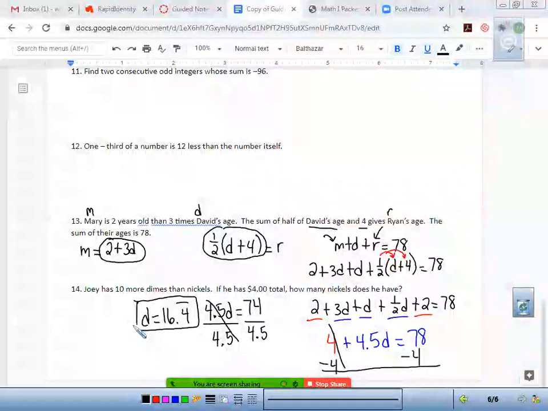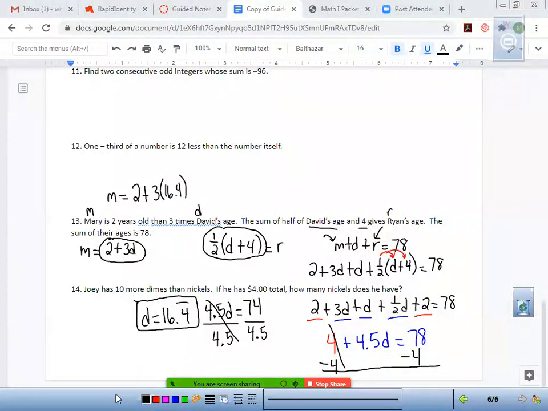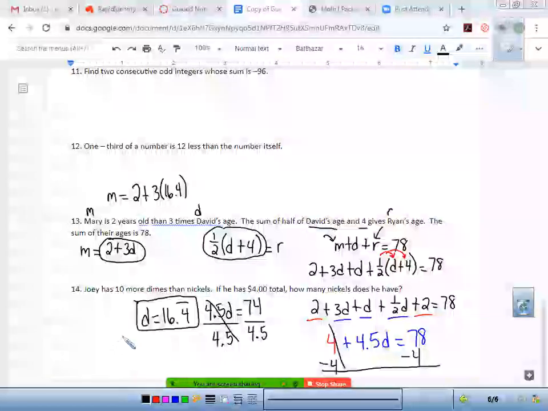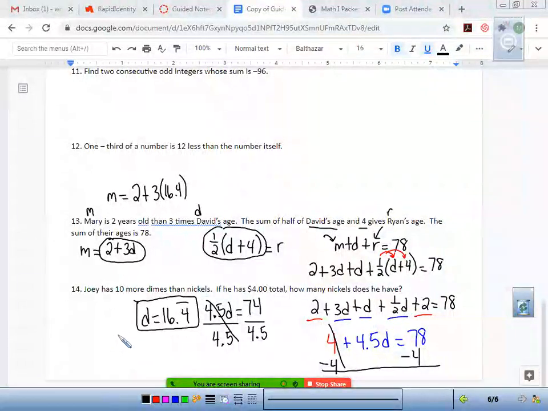Plug into the other equations, right? So if we wanted Mary's age, we would do 2 plus 3 times 16.4 and plug in the 16.4 for D. You're gonna have to tell me, I ain't got a calculator in front of me.